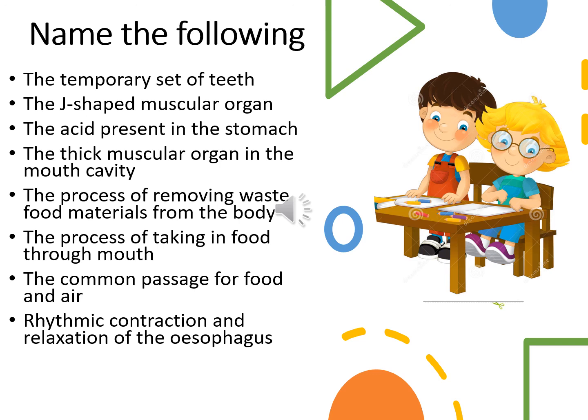Name the following: the temporary set of teeth, the J-shaped muscular organ, the acid present in the stomach, the thick muscular organ in the mouth cavity, the process of removing waste food materials from the body, the process of taking in food through mouth, the common passage for food and air, rhythmic contraction and relaxation of the esophagus.